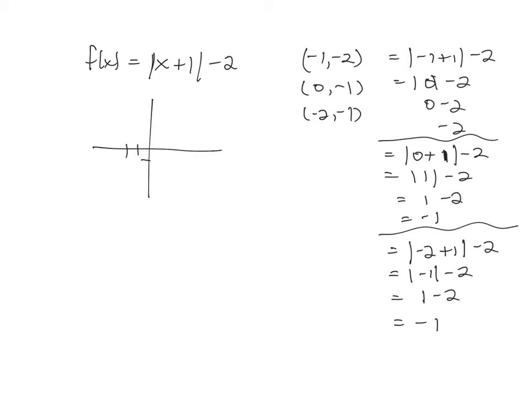So (-1, -2), (0, -1)... oh, I went too far. (-1, -2) is right there. And (-2, -1) is right there.